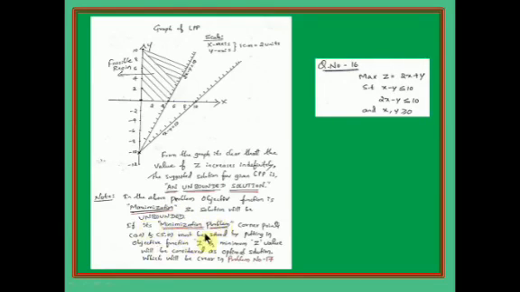If it is a minimization problem, then the corner points are 0, 0 and 5, 0, which I showed you at that time: 0, 0 here, and here the X value is 5, Y value is 0, that is 5, 0. So 0, 0 and 5, 0 must be put in the objective function Z, and the minimum value of Z will be considered the optimal solution, as I have already explained.